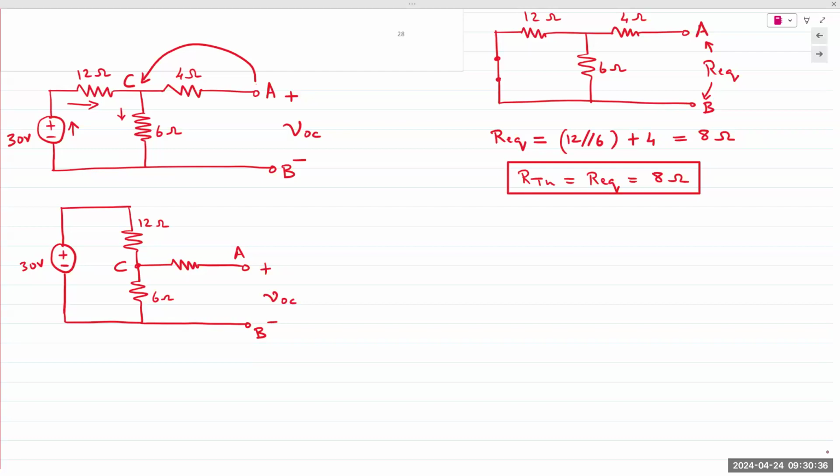The important concept was that VAB, the voltage at A measured with reference to B, is the same as the voltage at C measured with reference to B. VAB is equal to VCB.